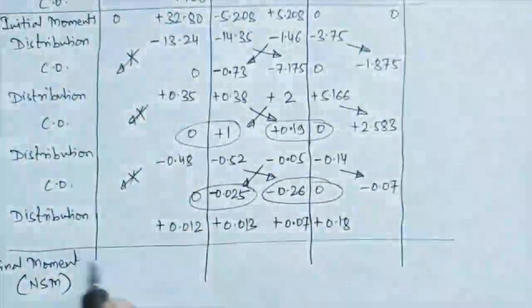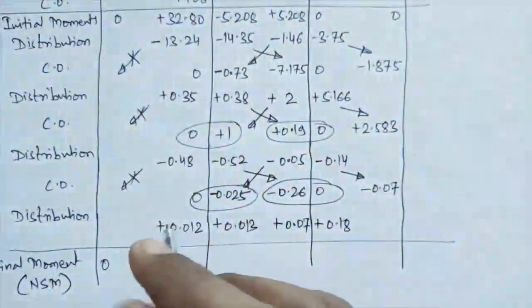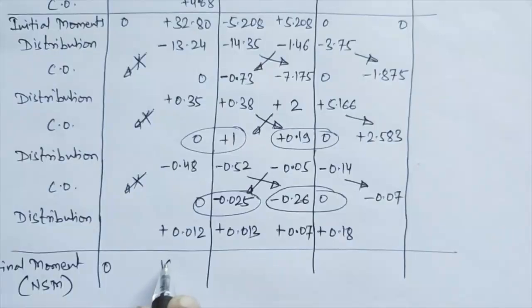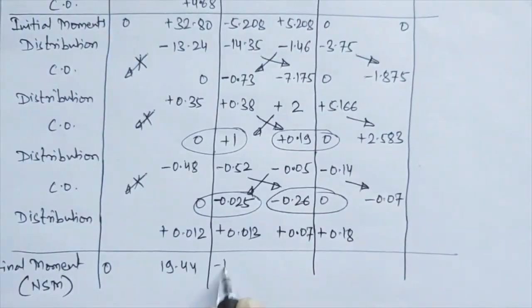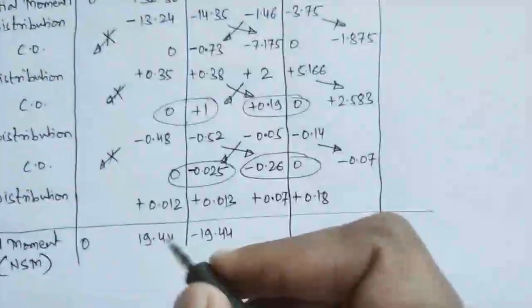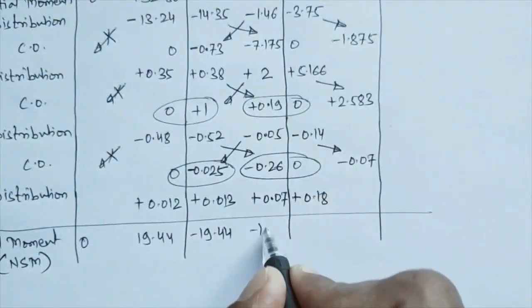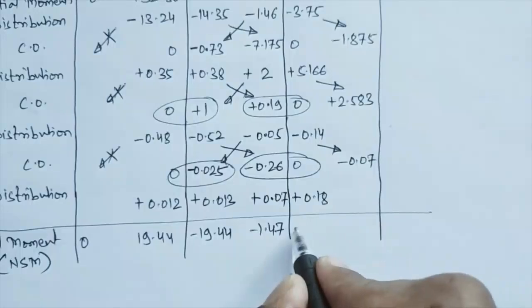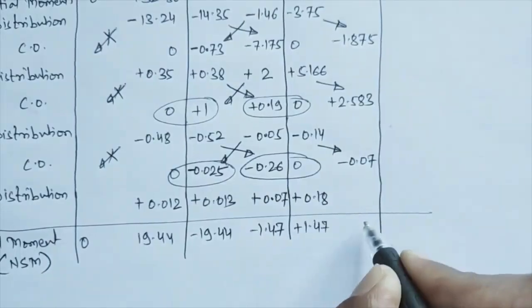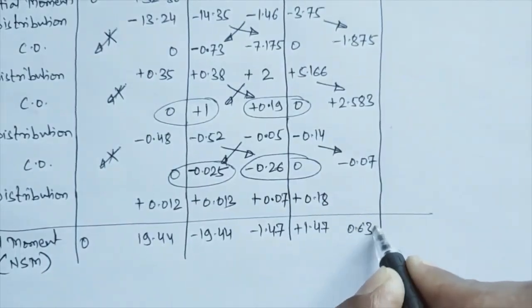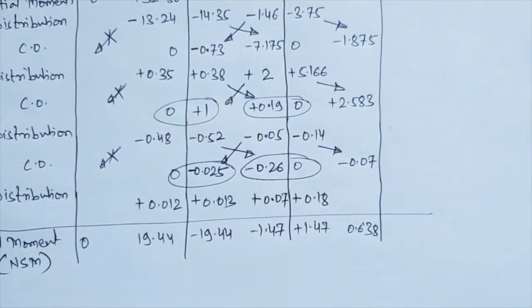Okay, so summation of this you get 0, summation of this I am getting equal to 19.44, this I am getting as minus 19.44. You check these values over there, this I get as minus 1.47, this I am getting as plus 1.47, and this I am getting as plus 0.638 over there.